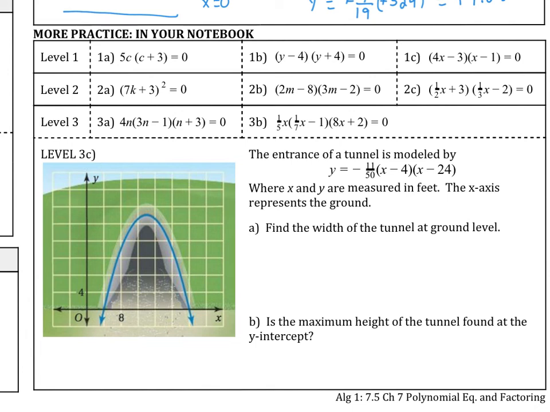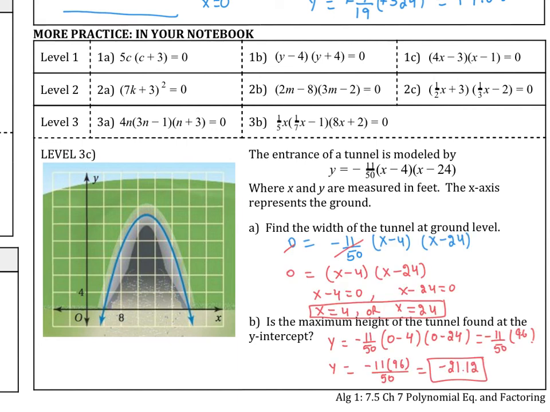And you can see that we do not have enough space here, so we're going to do those on a notebook or another binder paper. But we can also do the level 3C problem here. You're definitely doing level 1 and 2, but you try level 3 if you like to.